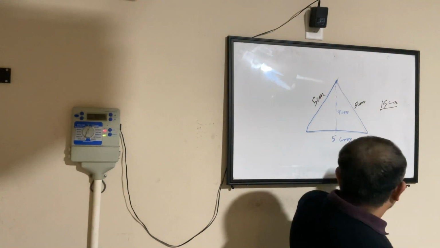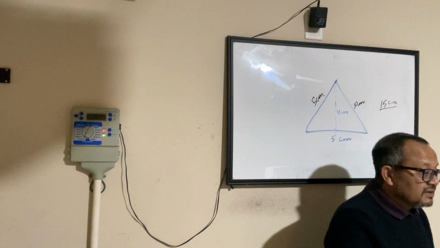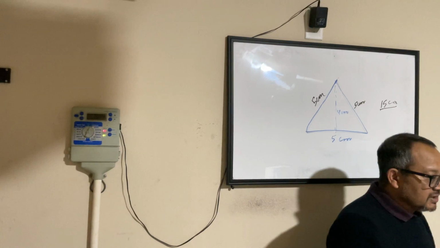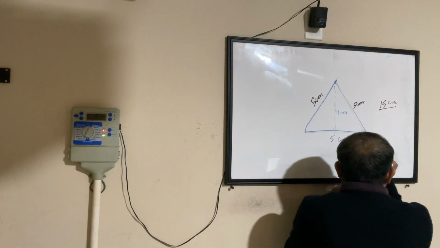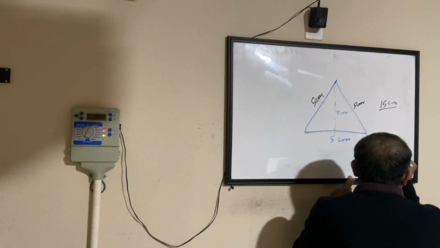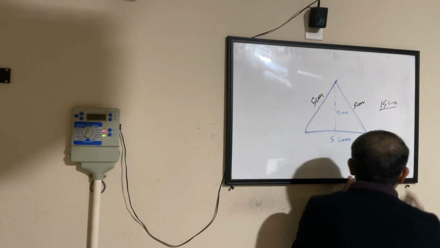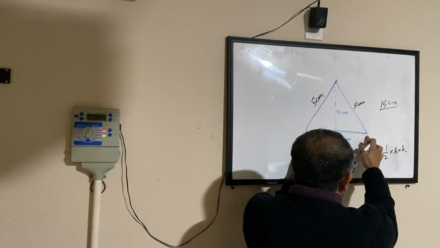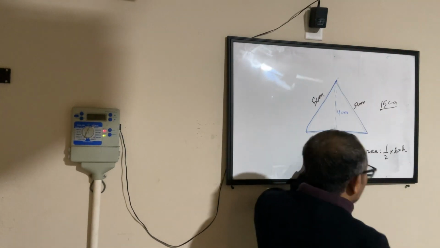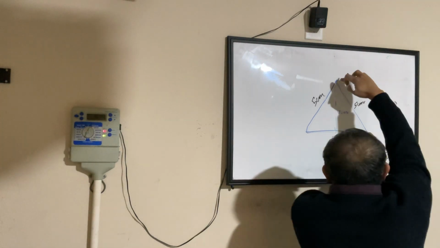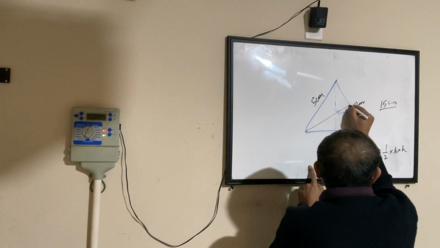Now, area. Yesterday we learned that area of any triangle is equal to half times base times height. Now what is my base? This one is my base. This is my height from the opposite corner. If I would have taken this as a base, I would have to find out this height.